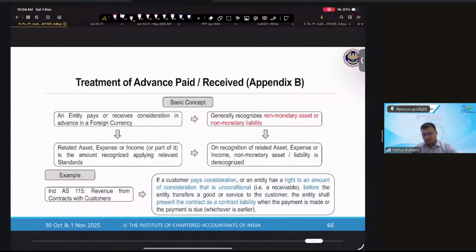Okay. All right. I leave the treatment of advance paid or received for homework. Basically, you are getting money as an advance. Is an advance a monetary item or a non-monetary item? What do you think? You have received an advance to give revenue in the future, to supply in the future.